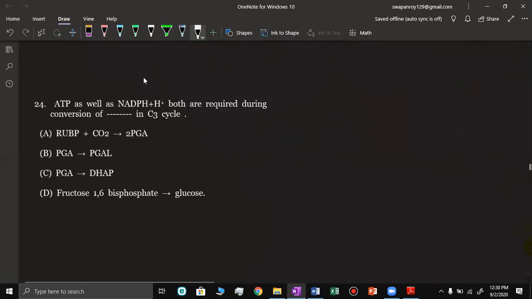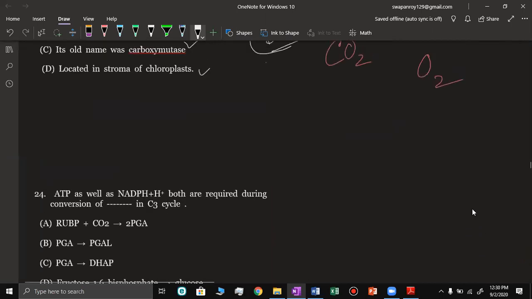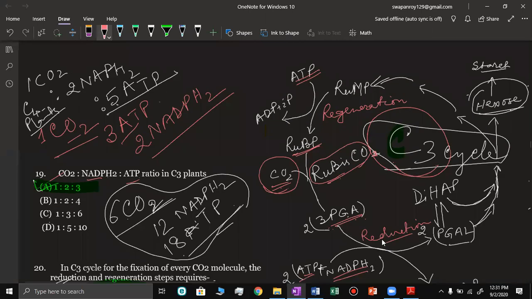Next question, a very easy one: ATP as well as NADPH2 are both required during the conversion of, I think you remember, in the Calvin cycle, phosphoglyceric acid to phosphoglyceraldehyde.